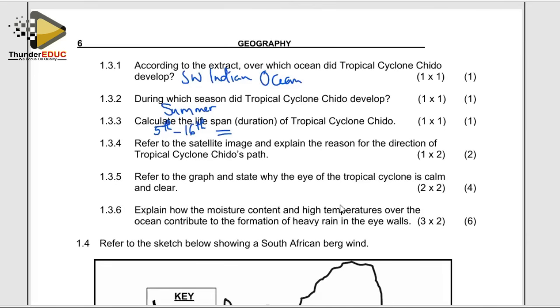But in actual sense, the duration of this is 12 days, because we cannot exclude the last day. Either way, if we subtract, we are excluding the first day or the last day. But in this instance, all days are inclusive. We are starting to count from the 5th until we get to the 16th. So that gives us 12 days.